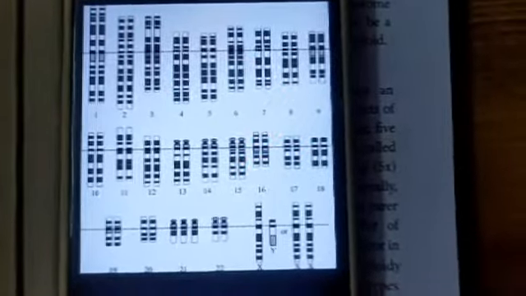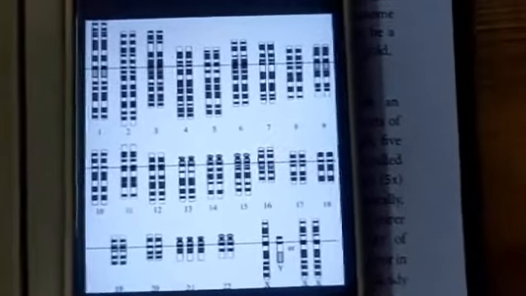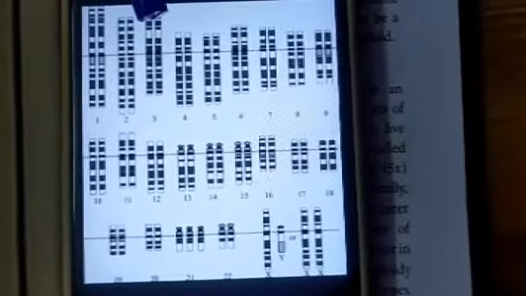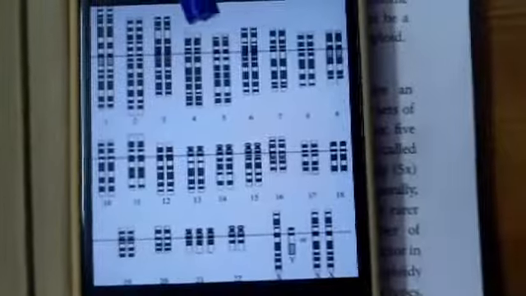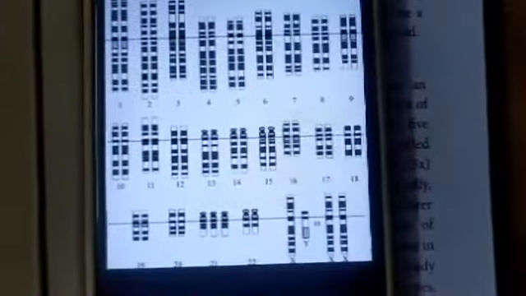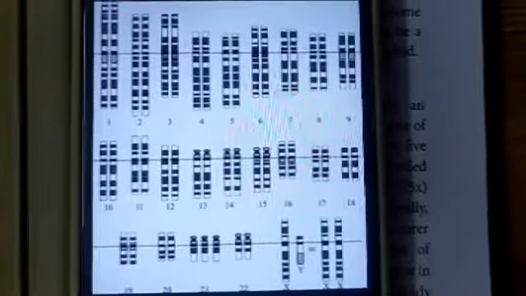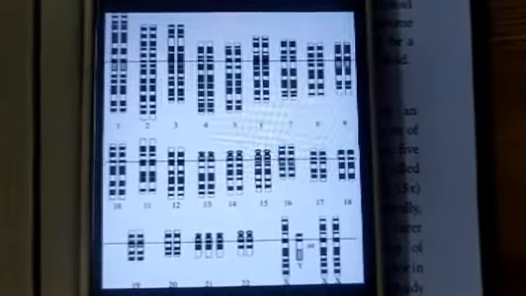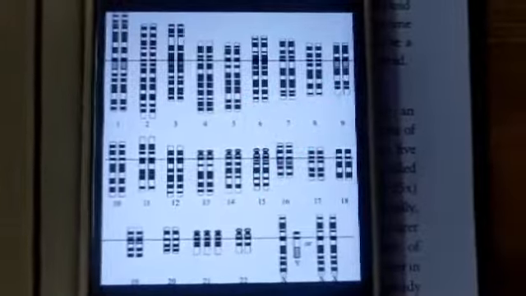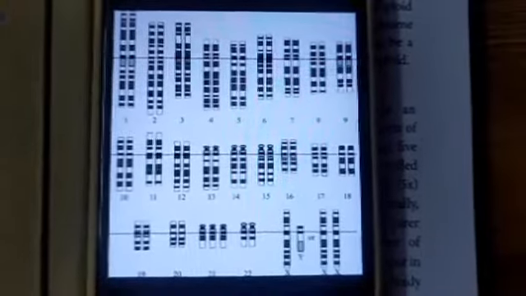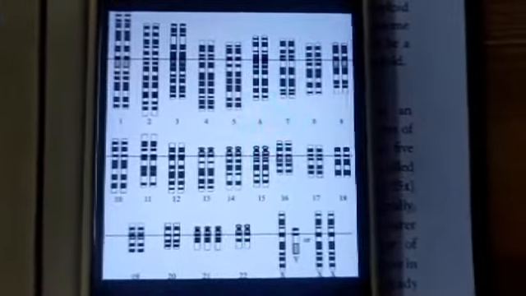So aneuploidy is a condition in which, from the diploid set of 46 chromosomes in human beings, one chromosome is added, so instead of 46, 47 are present, or one chromosome is removed, so instead of 46, 45 chromosomes are present.